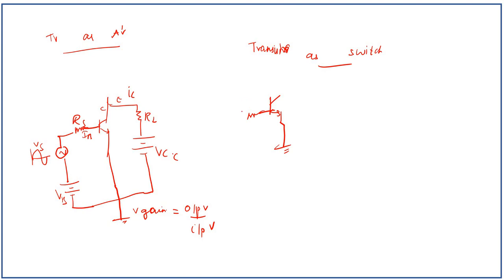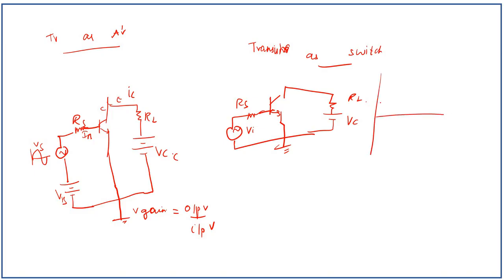At the input we have a source resistance Rs and the input signal Vi is given, and the output is taken across a load resistance and proper biasing is given. So the input is like this, V1 at t equal to 0. This is the input voltage Vi, V1 and V2.